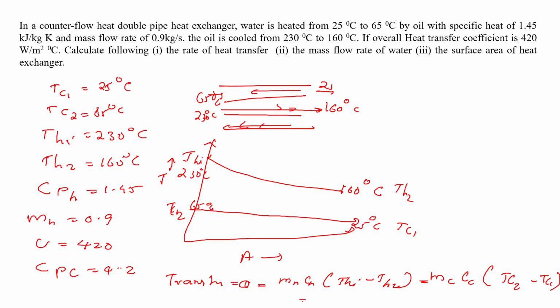So it will be 0.9 times 1.45 times (230 minus 160). The answer will be 91.35 kilojoule per second. Okay, so first we go through this, how it is coming, then we will go to the remaining part.